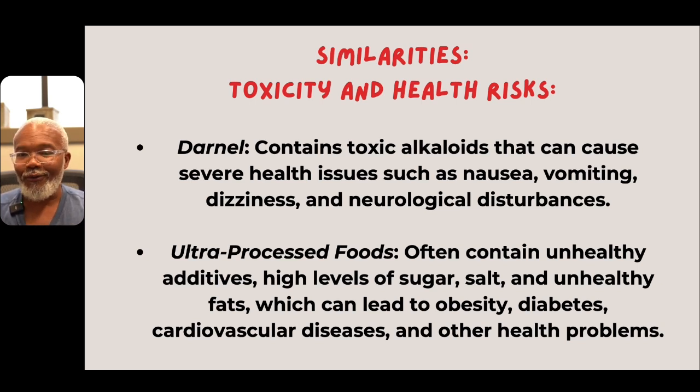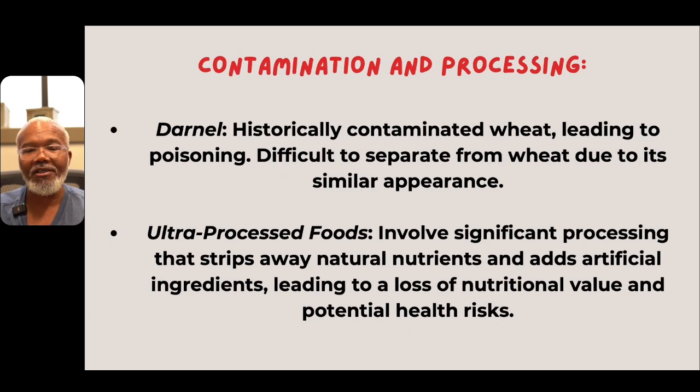Ultra processed foods often contain unhealthy additives, high levels of sugar, salt, and unhealthy fats, which can lead to obesity, diabetes, cardiovascular disease, and other health problems. As you can see, there is a real comparison between the tare or the darnel and ultra processed food. It doesn't matter how we look at it, they're both poisonous to the body.